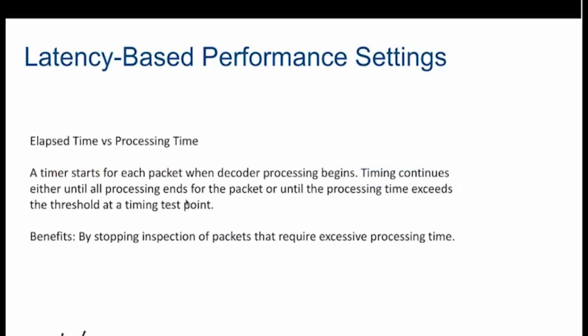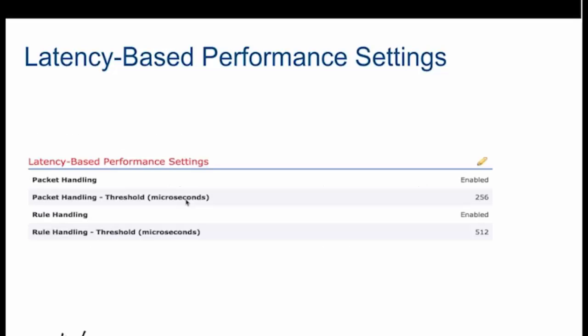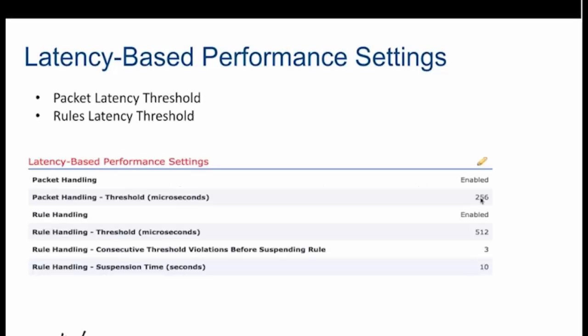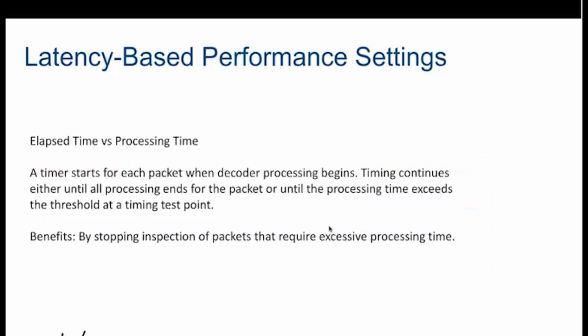In terms of latency based performance setting, there are two timers. One is the elapsed time and one is the processing time. Elapsed time is 256, and the processing time is the time taken by the detection engine to inspect those packets. Let's assume a packet comes to the detection engine, it performs the protocol based abnormality checks and then tries to match the 12,000 rules.